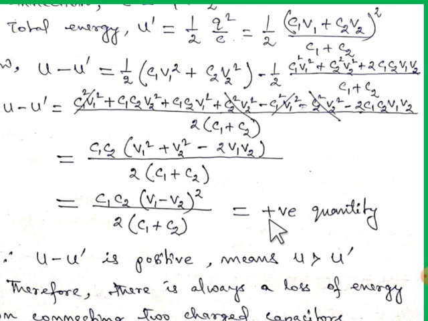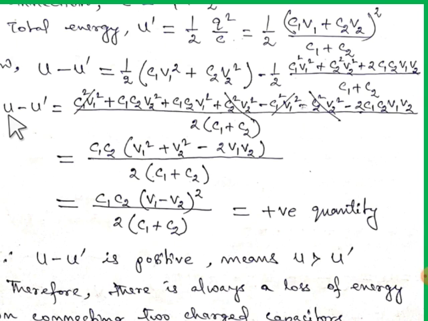So if the subtraction of the two quantities gives a positive quantity, it means U is greater than U prime. If U prime were greater than U, then it would have come out negative. So this shows that the difference of energy, U minus U prime, comes out positive, meaning U is greater than U prime.